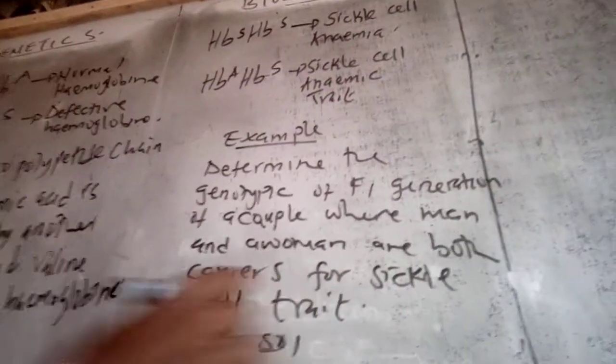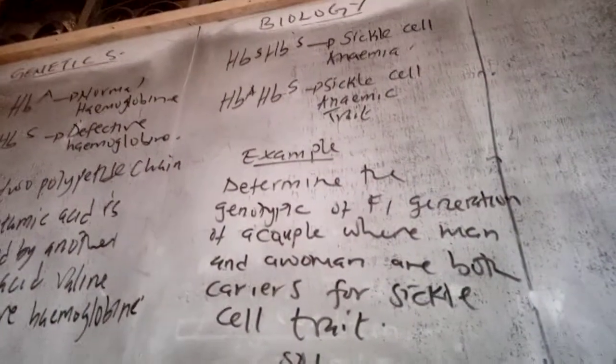As far as the solution is concerned, you can come up with a Punnett square. The Punnett square will help you in analyzing the question so that you can get the results.